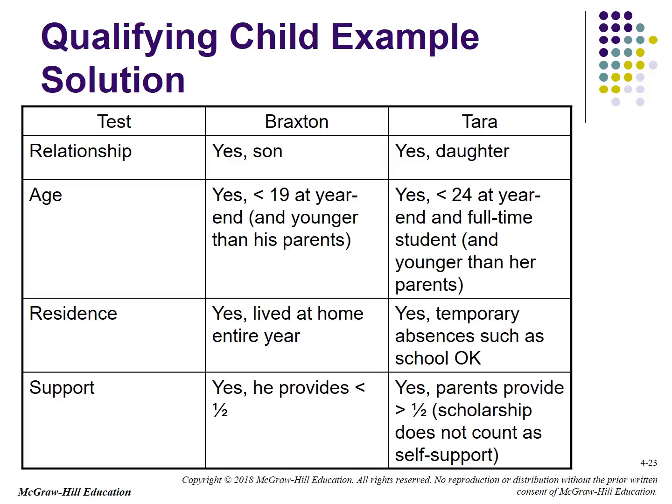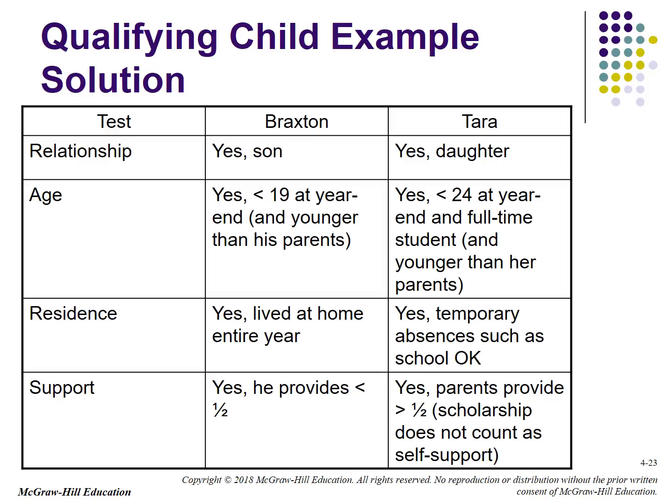Let's go to Tara. She meets the first two, citizenship and joint return test. Now relationship. Yes, she meets that. She is their daughter. Age test. She meets that. She's under 24 and a full-time student. Residency. She does meet that. She's away temporarily at school, as far as we can see.